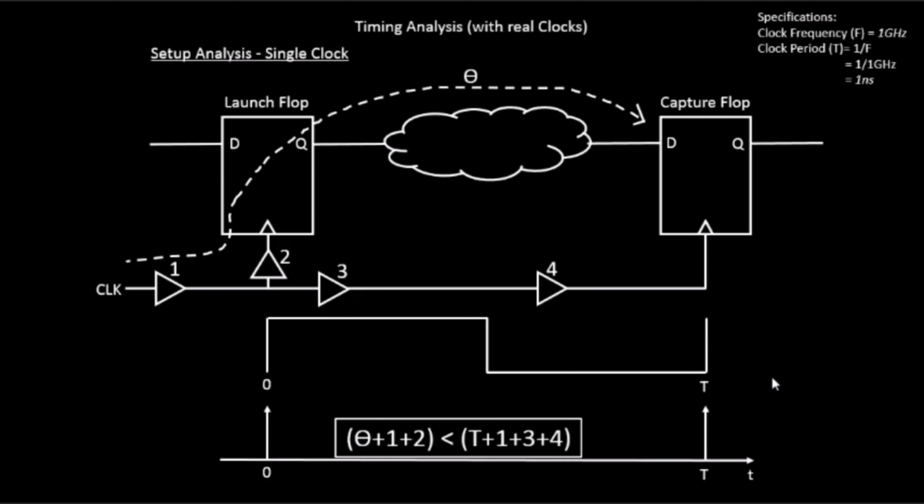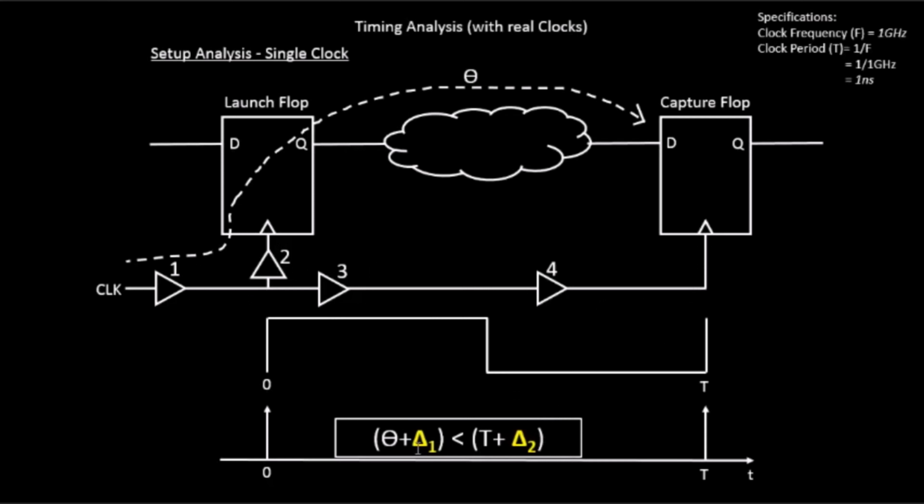Let us try to generalize all this. In this case, 1 plus 2 is nothing but your launch flop clock network delay, and 1 plus 3 plus 4 is nothing but your capture clock network delay. Let us give them different names. Let us call the launch network delay delta 1, and the capture clock network delay delta 2.